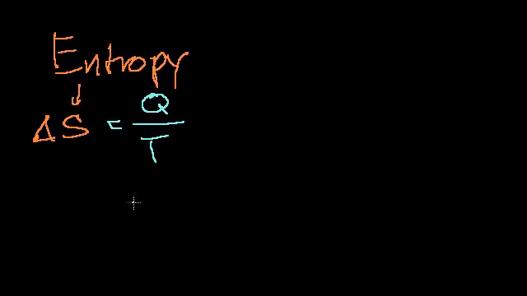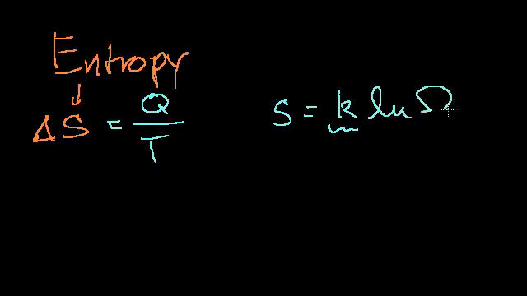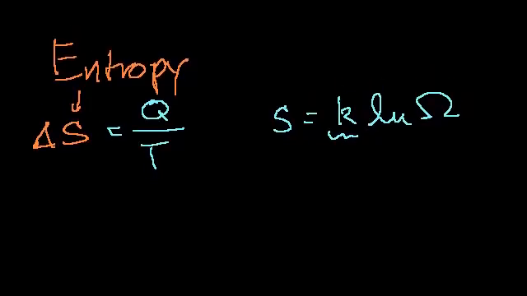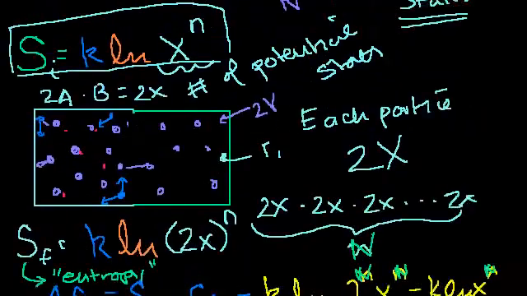Now, in our statistical mechanics world, we define entropy as some constant, especially convenient if it is Boltzmann's constant, times the natural log of the number of states we have. Sometimes it's written as omega, sometimes other things. And what we just showed in this video is that these are equivalent definitions, at least for that one case I just showed you.